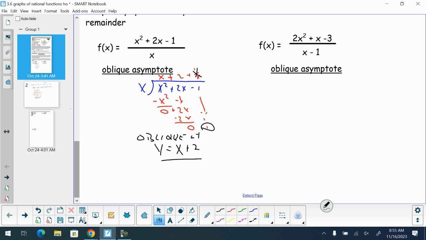Whatever your division is, minus your remainder, that line, or it could be a parabola, you'll be asymptotic to it. It could be numerous things. We'll just deal with lines here. We'll be at y equals x plus 2.